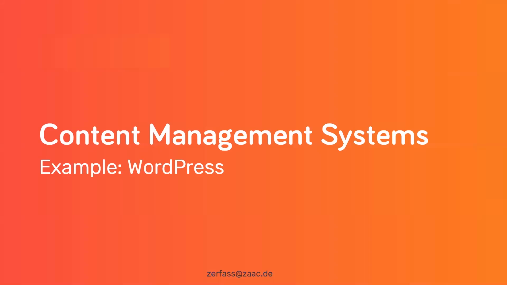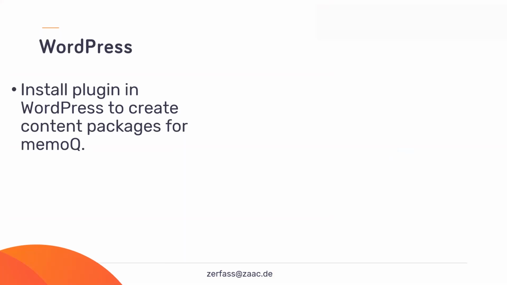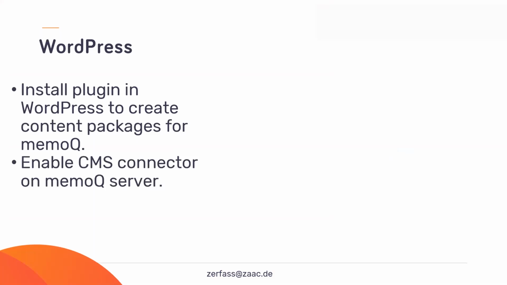And then we also have direct connections to content management systems. Here's an example for WordPress. So you would need to install a plugin in the content management system in WordPress that creates the content that goes into the translation projects. Then you need to enable the content management system connector on the memoQ server.